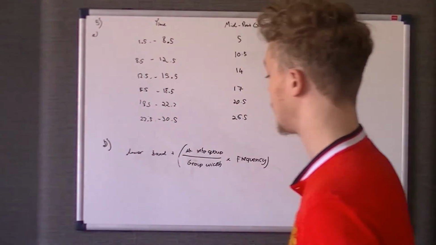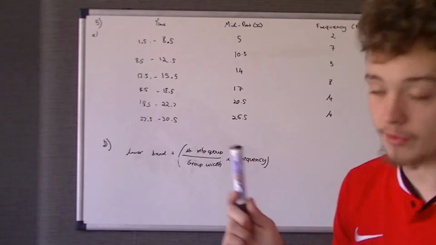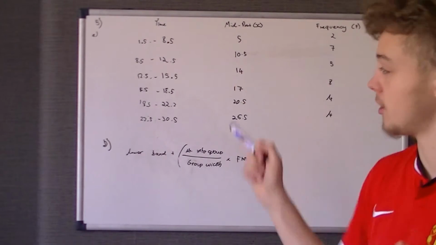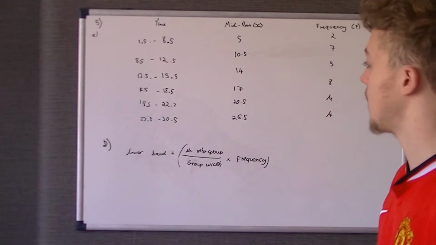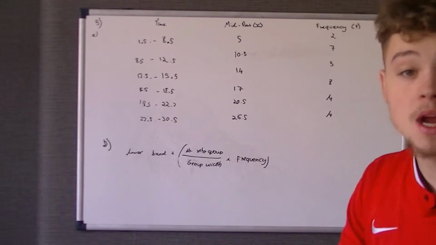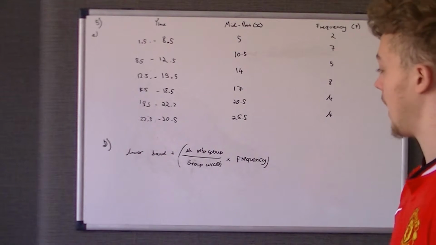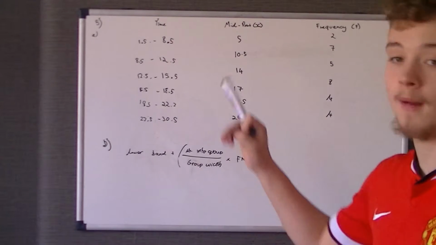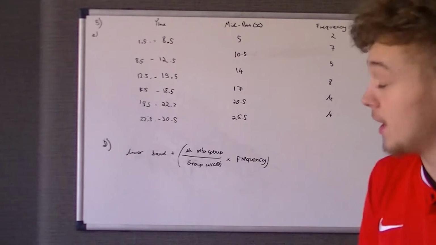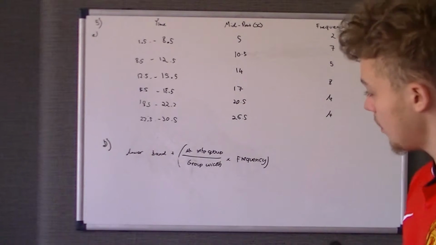Now the reason for that is that we don't know the exact values. We know that there are 2 times between 1.5 and 8.5. We don't know where they're positioned, and we use this to estimate. If it's the second person, then we assume that to be at 8.5 seconds, for example, and so on. Okay, so what we're asked to do here is the median.